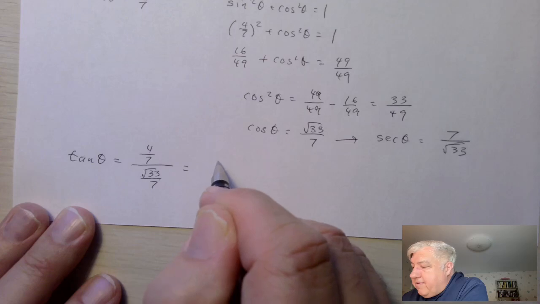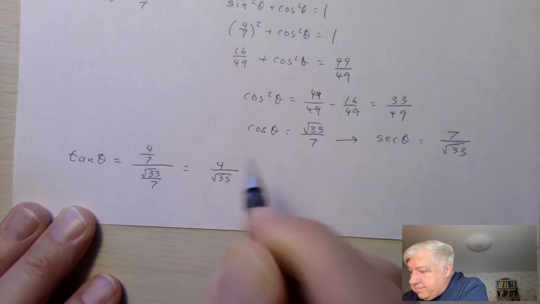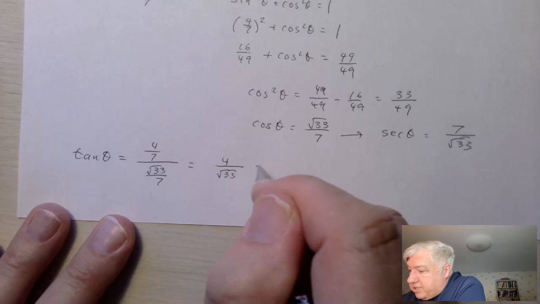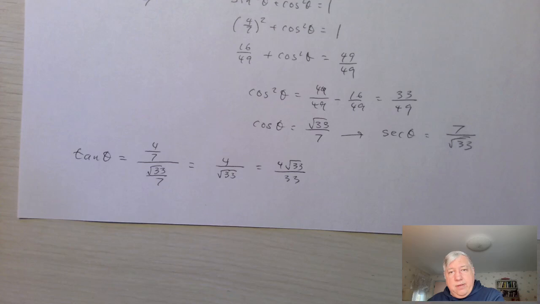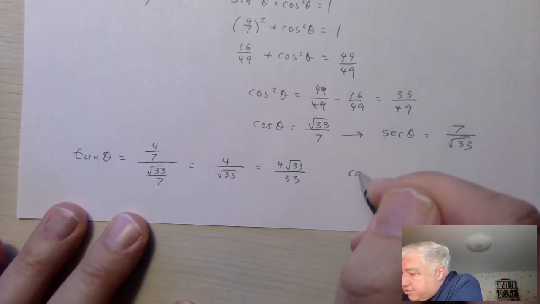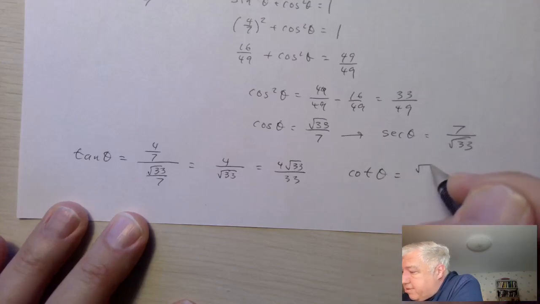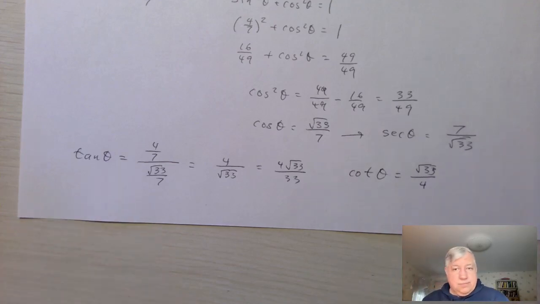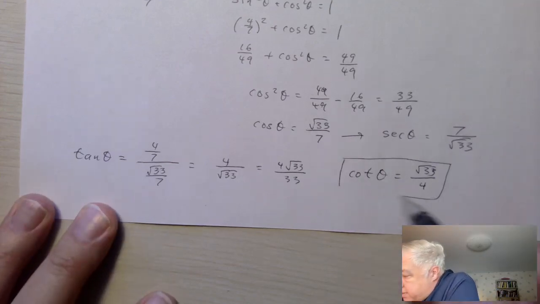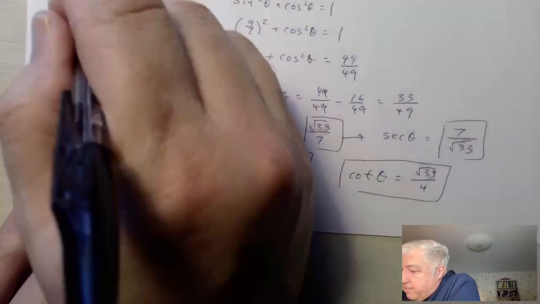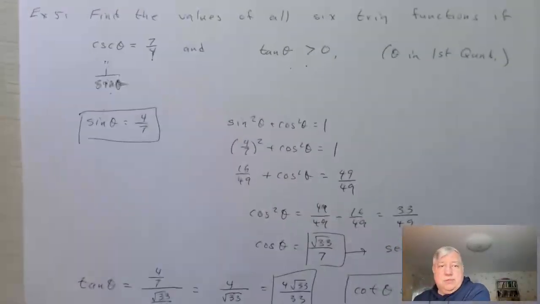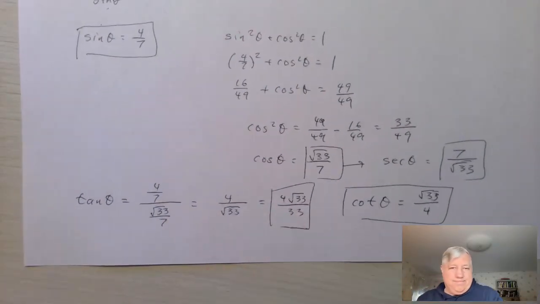And you can check that this will be 4 over square root 33, or you can rationalize it that way. And then the cotangent is the reciprocal of that, so this will just be square root 33 over 4. Okay, so that's 1, 2, 3, 4, 5, and 6.